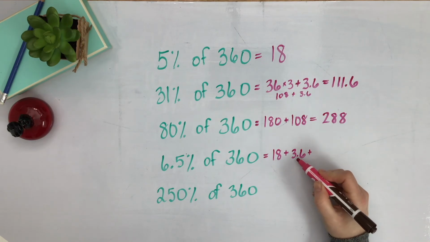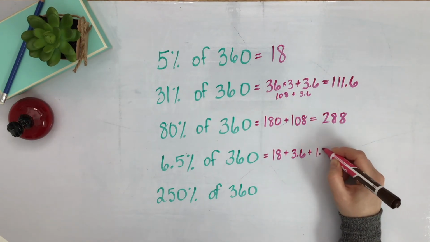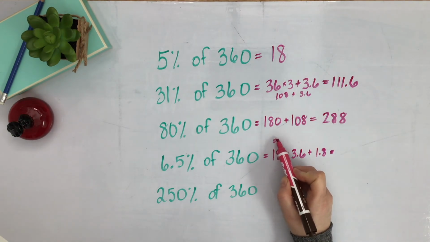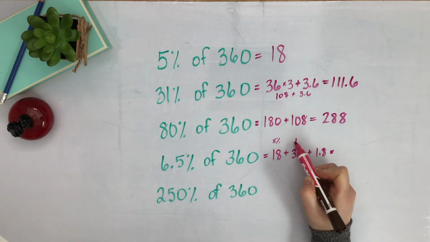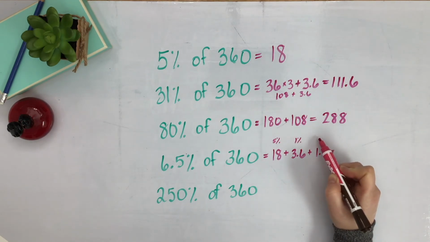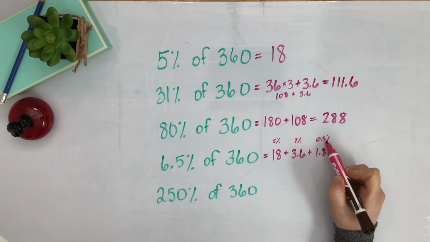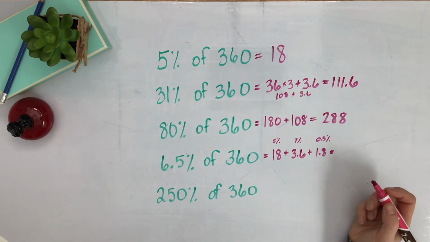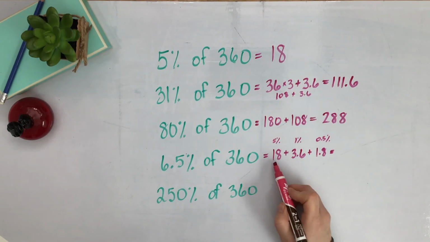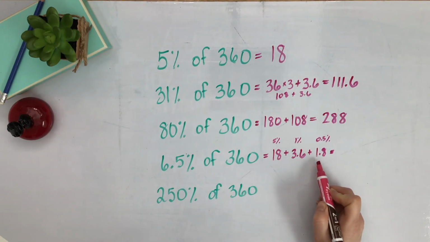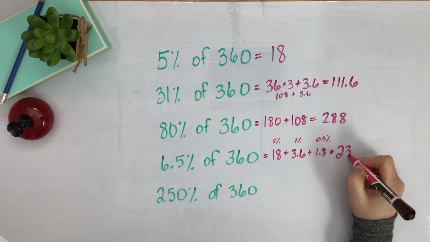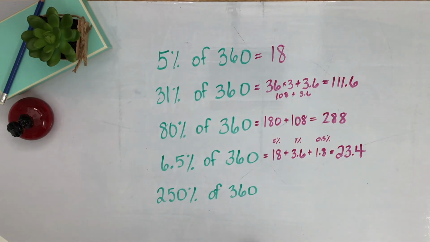Half of my 3 6/10 is going to be 1 8/10. Just a little reminder, I found 5% first, then I found 1%, and I used that to find 0.5%. And these are my building blocks to make 6.5%. Put these all together, so I've got 18 plus 3 6/10, that's 21 6/10, plus 1 8/10, so 23 4/10.